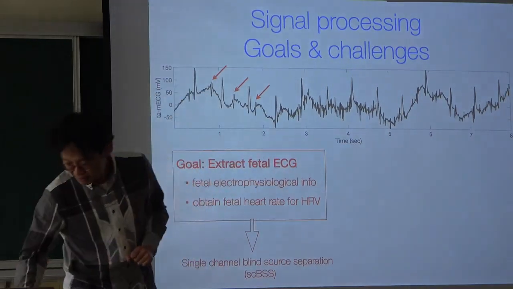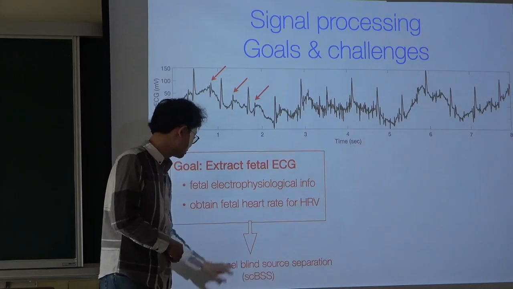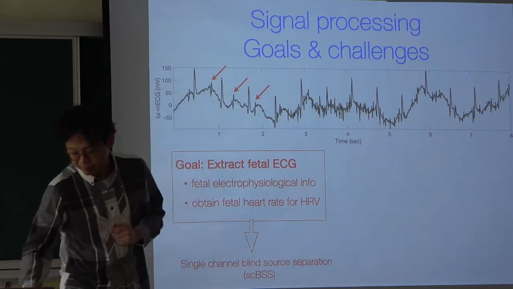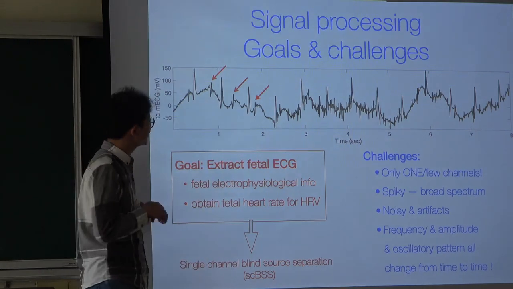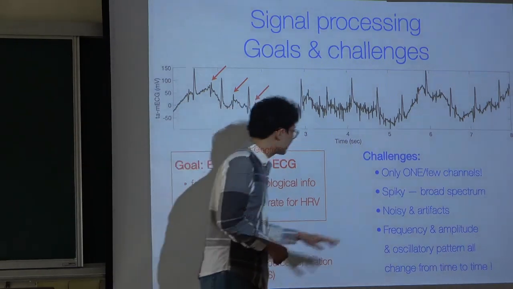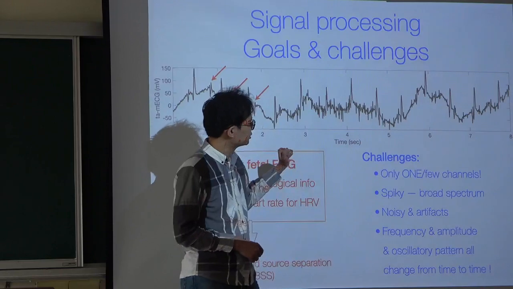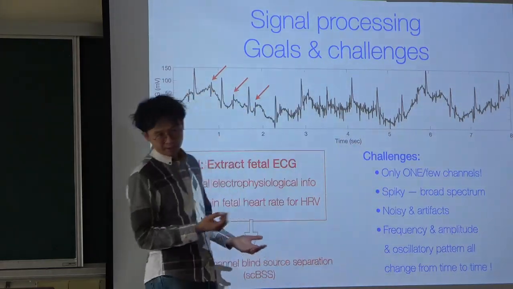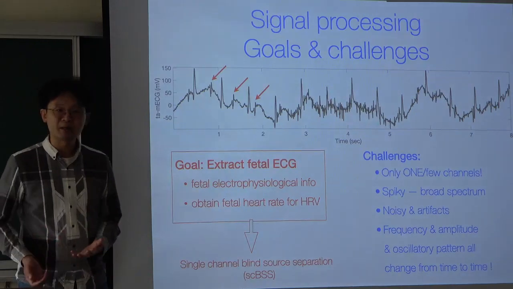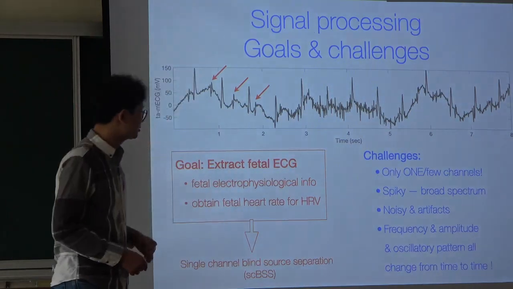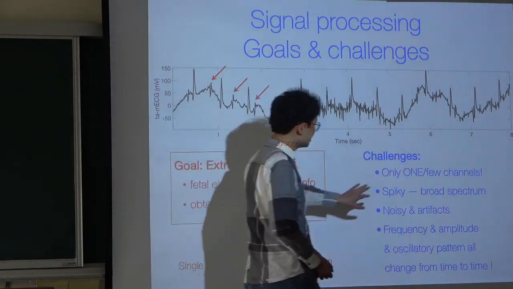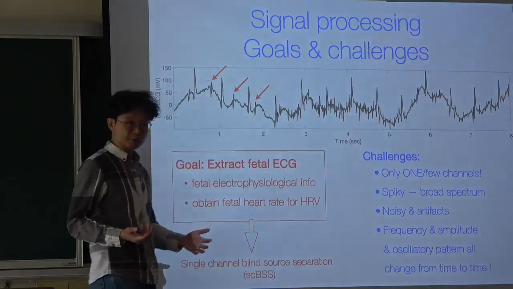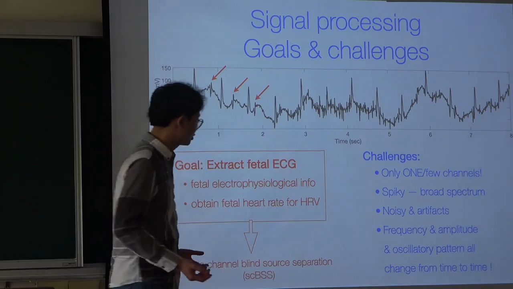But no matter what, to achieve single channel blind source separation, we need to do something. This kind of signal is actually very challenging. If you only have one or two channels, usually you cannot apply the traditional independent component analysis, and the signal usually is spiky, so that you have broad spectrum, so the traditional bandpass filter may not be suitable.